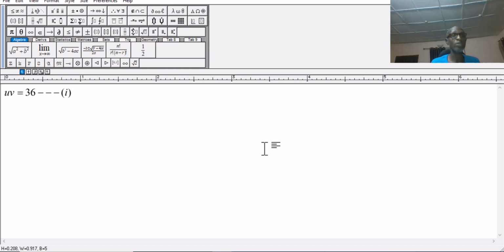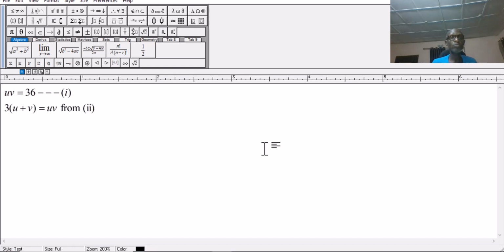We also know that 3 into u plus v is equal to uv. So we know these two values. uv is equal to 36, then 3 into u plus v, this is from equation 2.